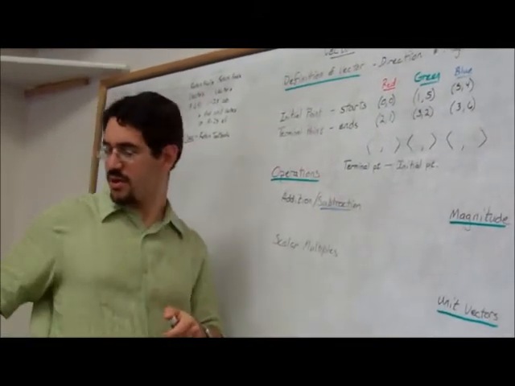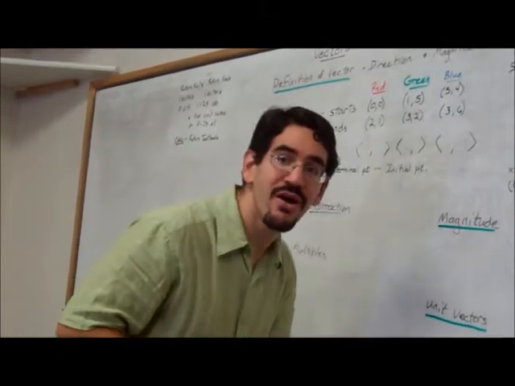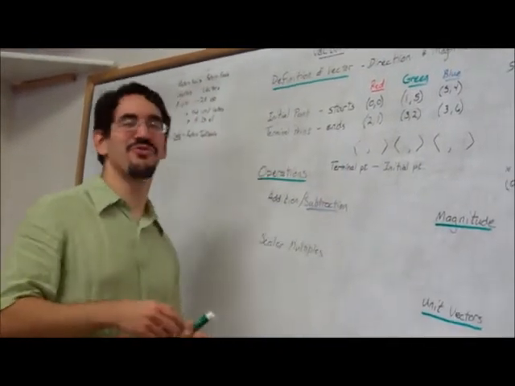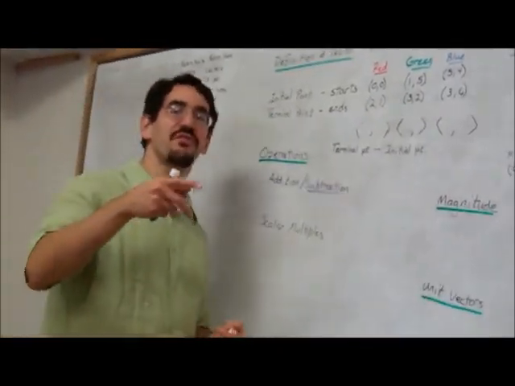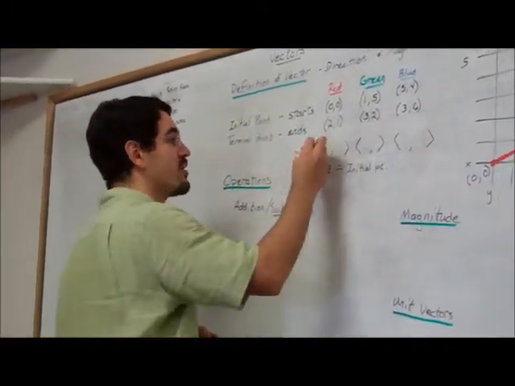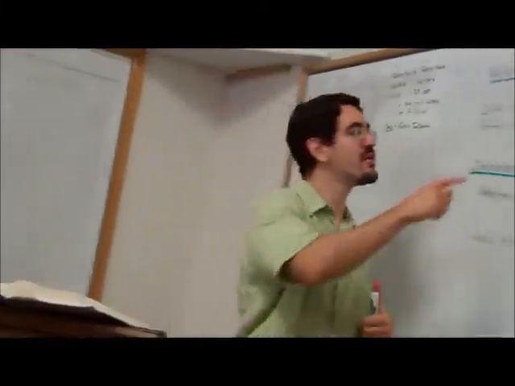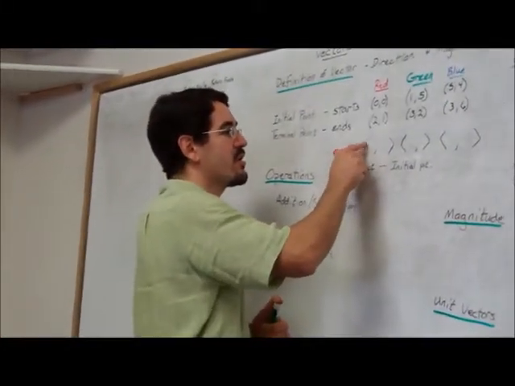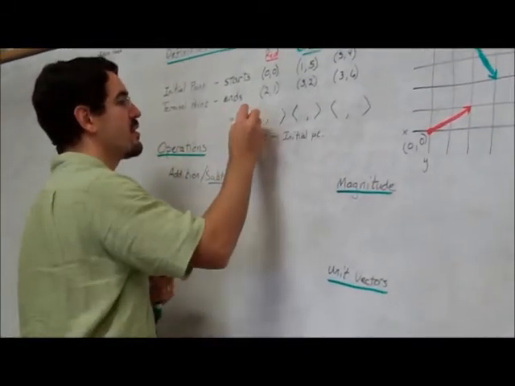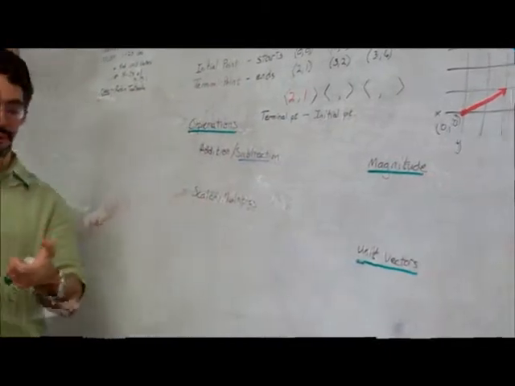No, I said 2 minus 0 and 1 minus 0. Okay, yes, I misunderstood you. Sorry. So 2 minus 0, 1 minus 0, and what does that give me? 2, 1. So, oops, I should use the right color, shouldn't I? So this vector is 2, 1.